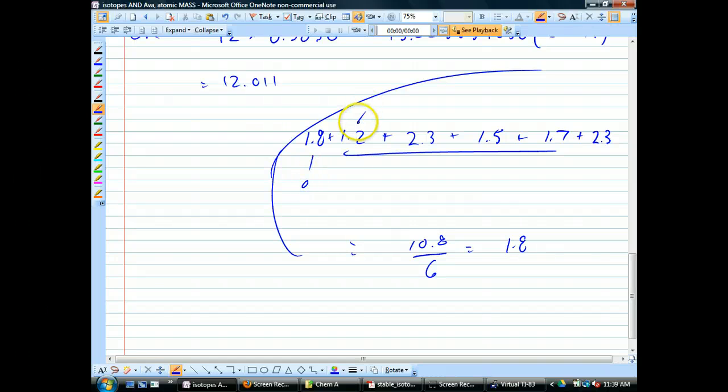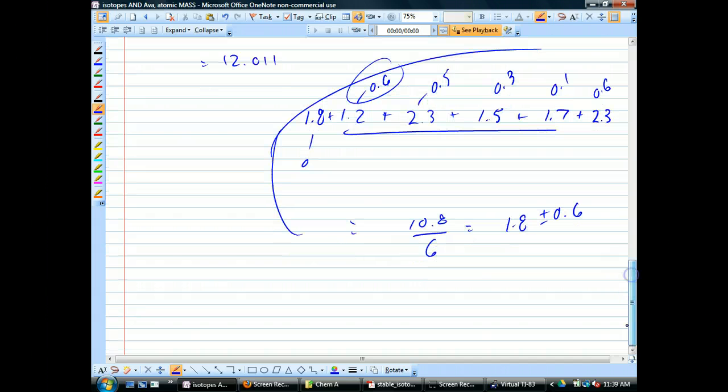The deviation there is 0. Here it's 0.6. Here it's 0.5. So our maximum deviation in this case is 0.6.